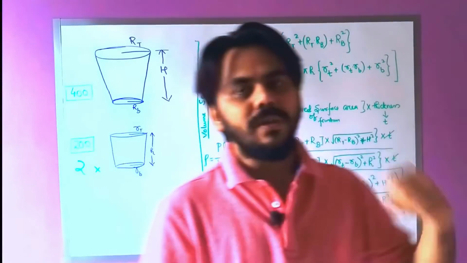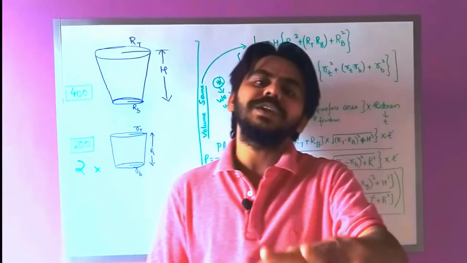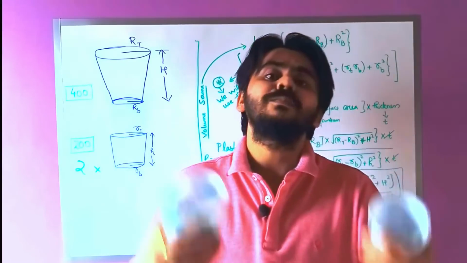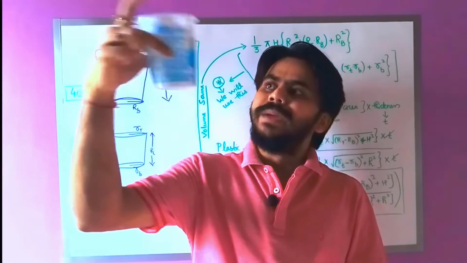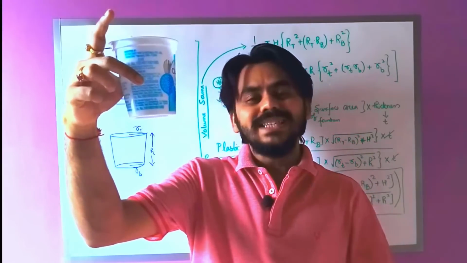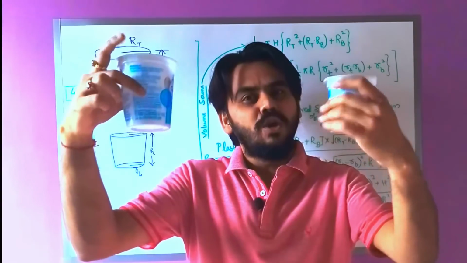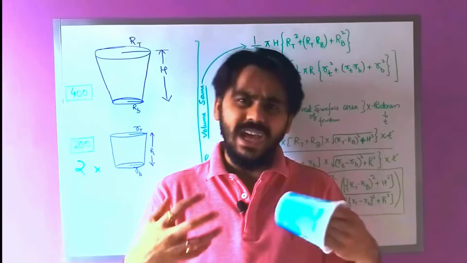So don't bother about the math, you just need to worry about the ratio of plastic in the big divided by the plastic in two such small ones. Let me give you the approach I have followed over here.